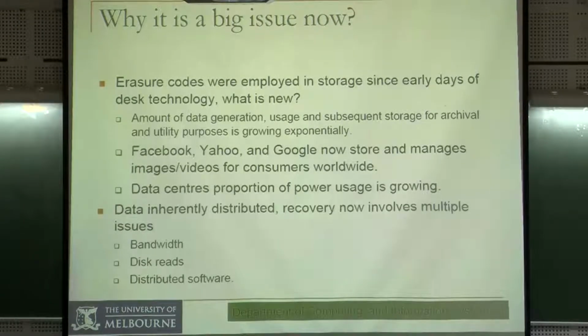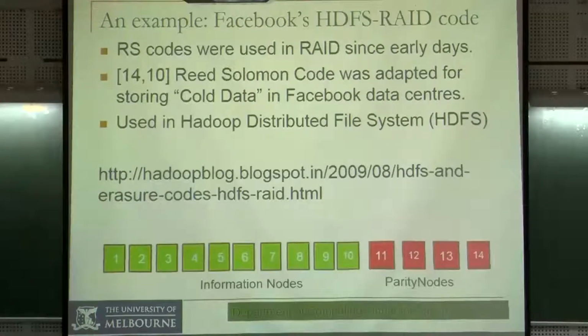So recovery has come into the main focus of things, and that is when, in the early days around 2002, Facebook had these big clusters and came up with what is called HDFS RAID, which basically uses a (14,10) code.